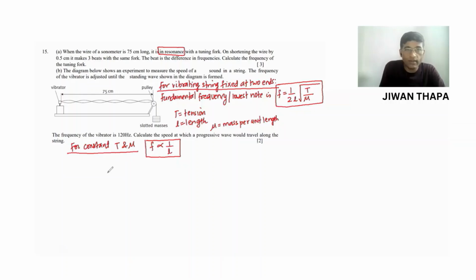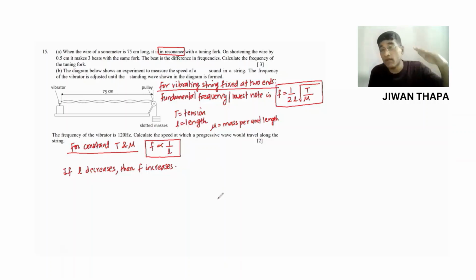So what we can write is that if L decreases because the wire is shortened, on shortening the wire, if L decreases, then f increases, and if L increases, then frequency decreases.